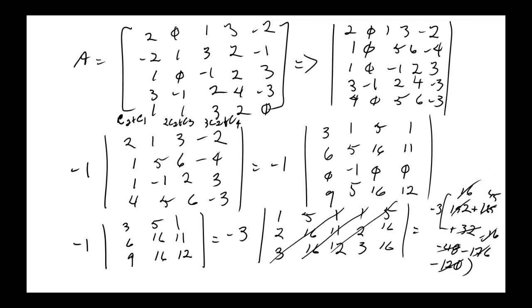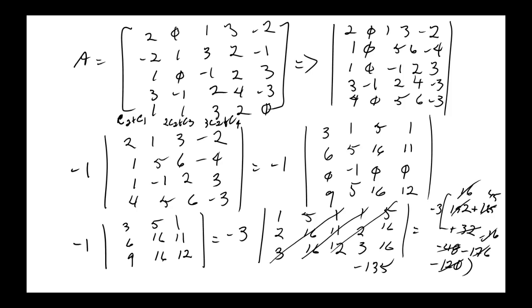So negative 3 times 45, that's still a huge number. I got negative 135. Is that what they got? That is what they got. Oh, look at them. So there wasn't any way to avoid some large numbers. Let's see, which way did they do theirs?